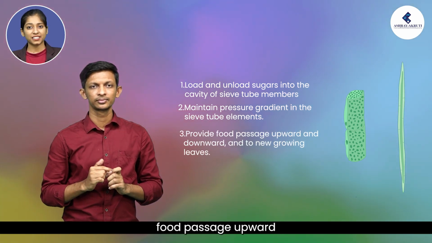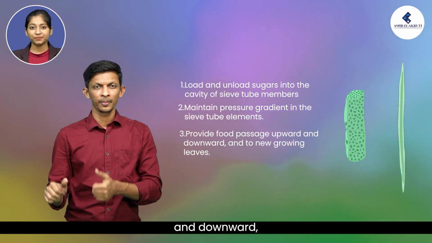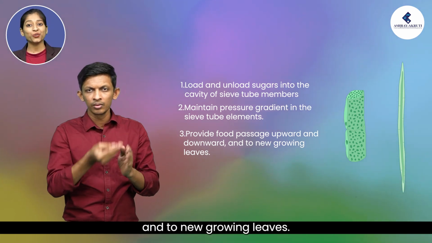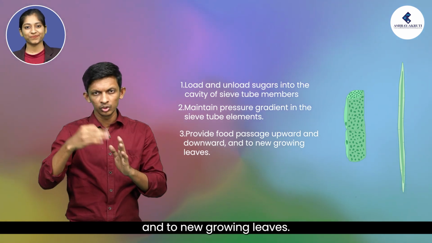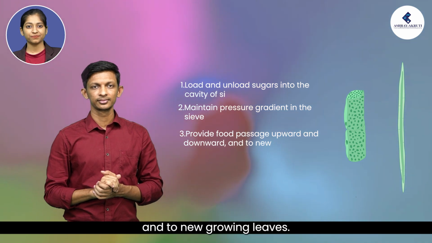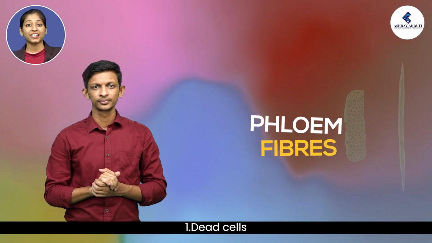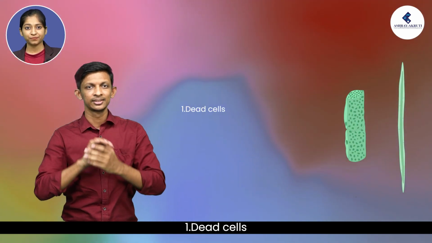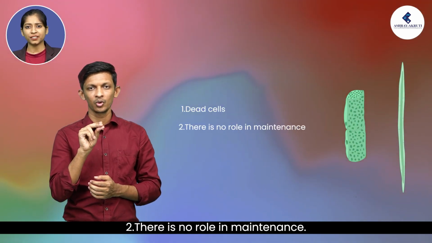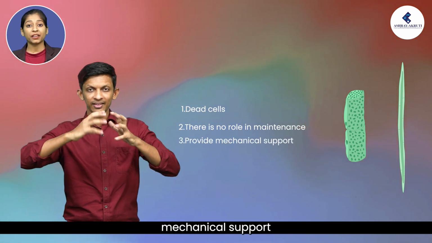Provide food passage upward and downward and to new growing leaves. Phloem fibers. Dead cells. There is no role in maintenance. Provide mechanical support.